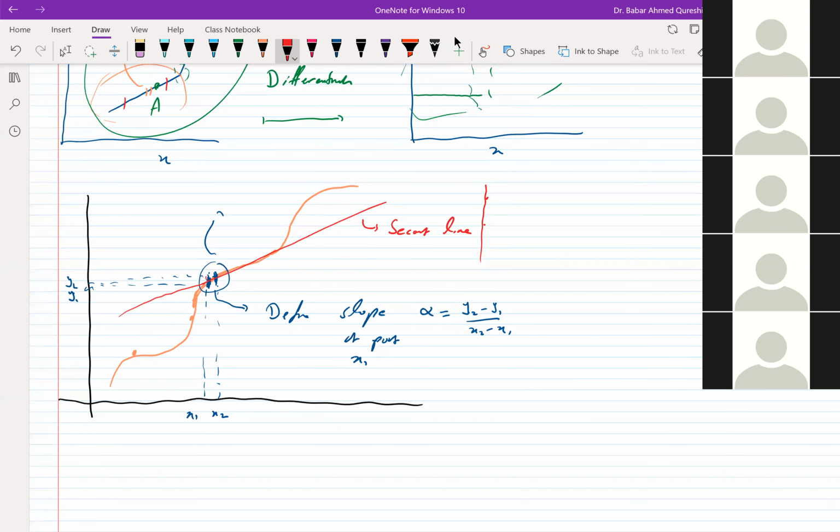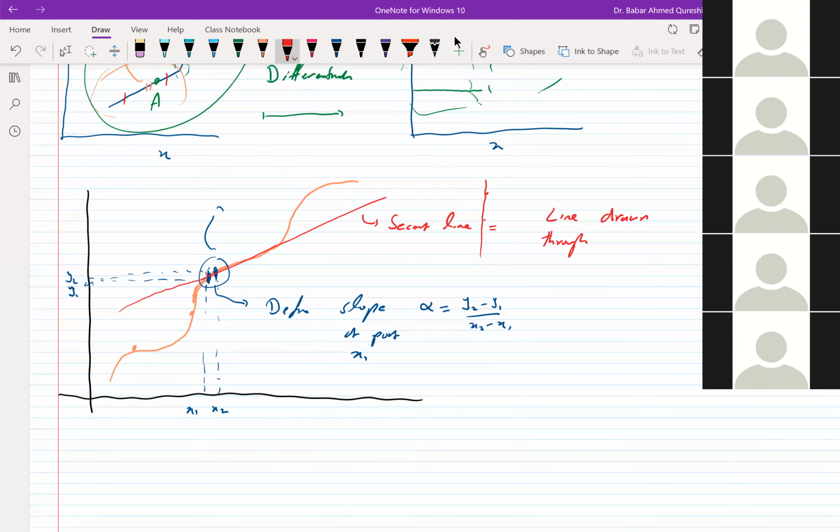What is a secant line? A line drawn through 2 points on the graph of a function. And for us, 2 points on the hill.